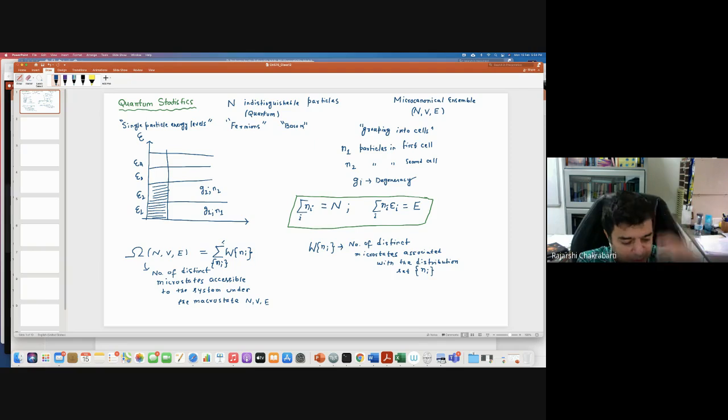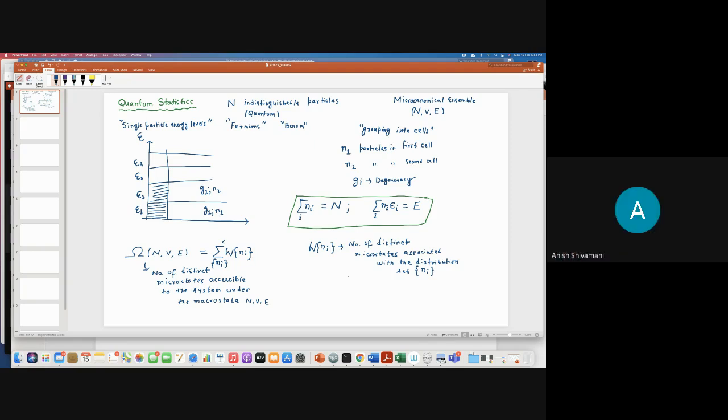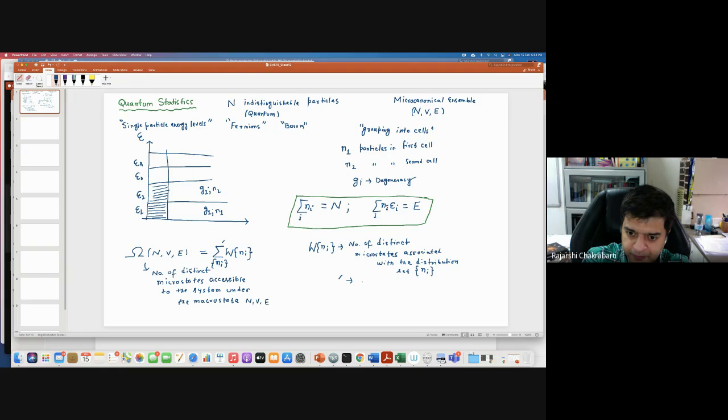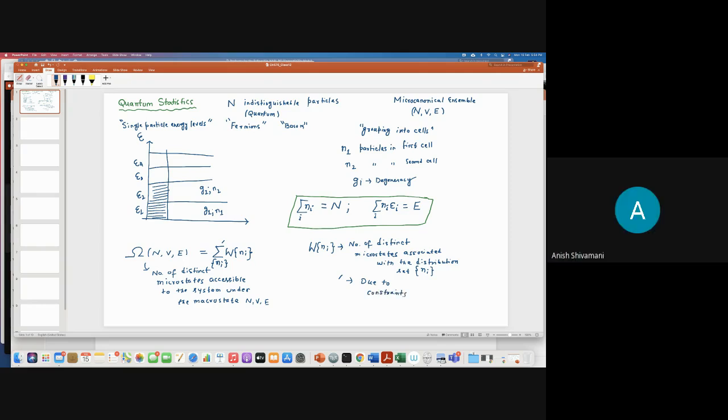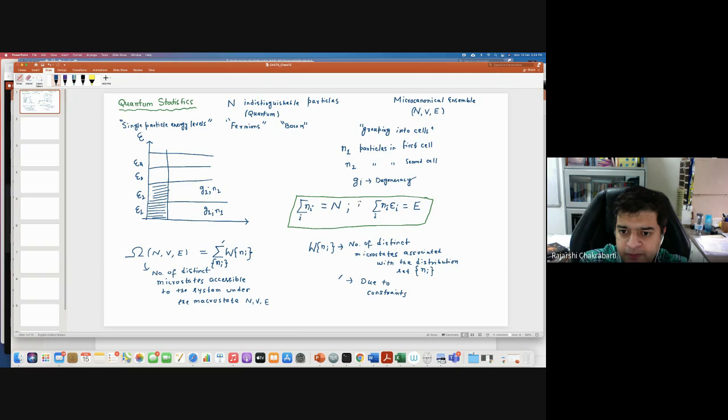Any idea what this prime is? It is due to the constraint. I cannot take a sum which has no constraint. What are the constraints? I can call them equation 1, equation 2.